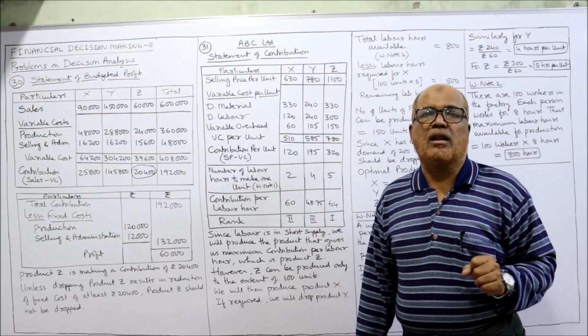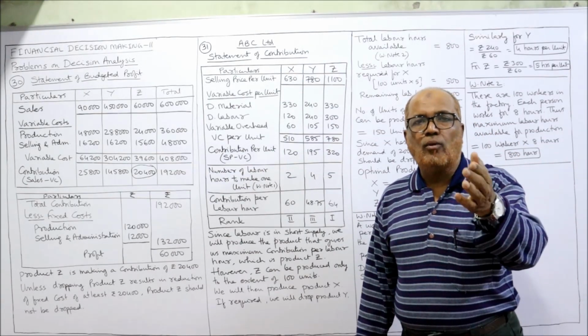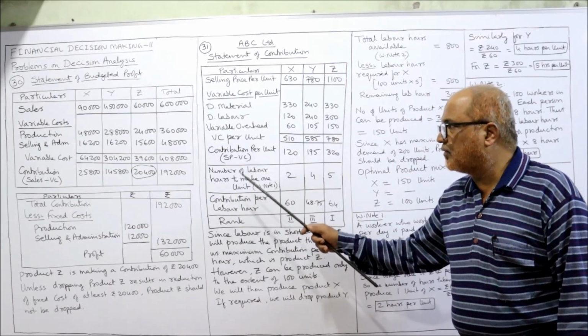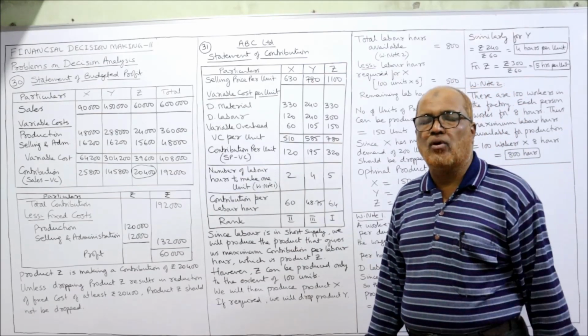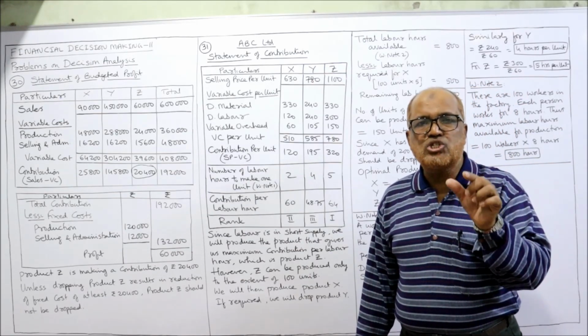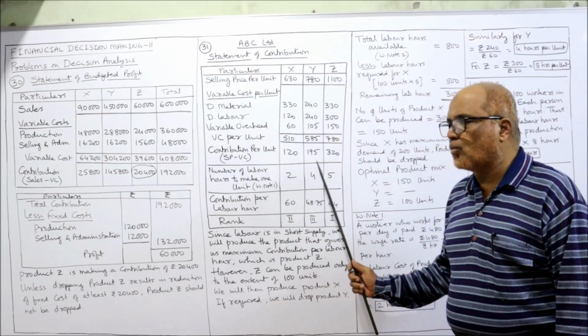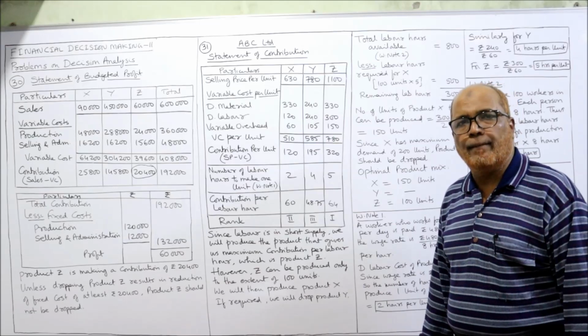Contribution per hour, because time is limited. For each unit, how much contribution it will give per hour, that's what we have to calculate. First of all, we need how much time is required to make 1 unit of X, Y and Z. This I have shown in working note number 1.